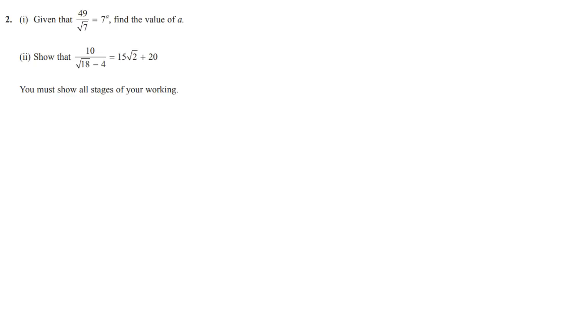Question number 2. Given that root 49 over root 7 is equal to 7 to the power a.